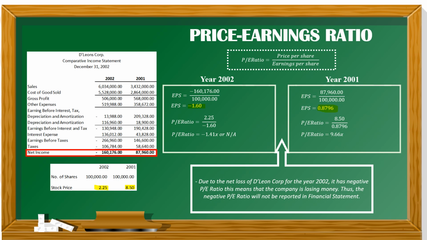Here, due to the net loss of De Leon Corporation for the year 2002, it has a negative P/E ratio, which means that the company is losing money. Thus, the negative P/E ratio will not be reported in the financial statement. Rather, the managers would indicate NA, meaning to say that the P/E ratio is not applicable.